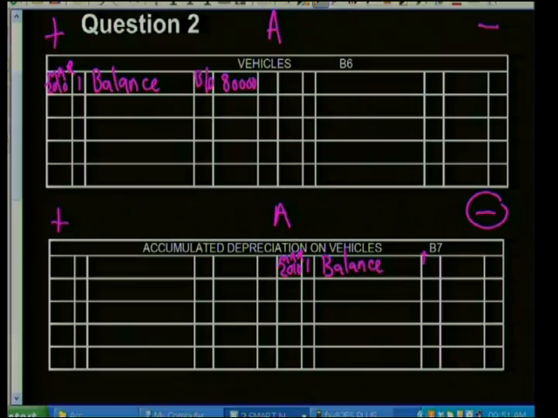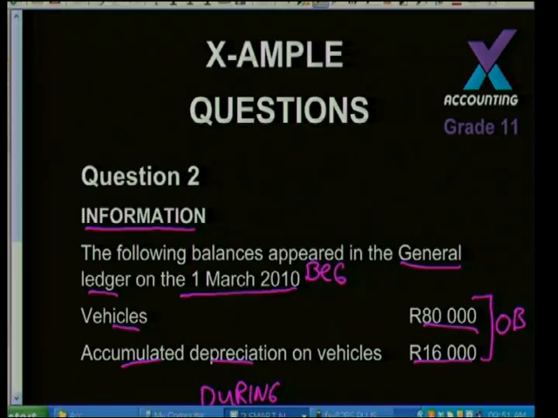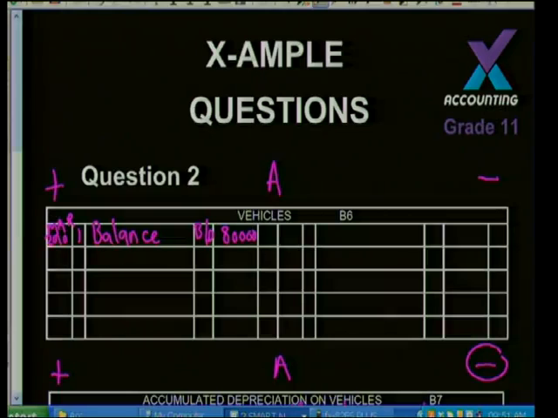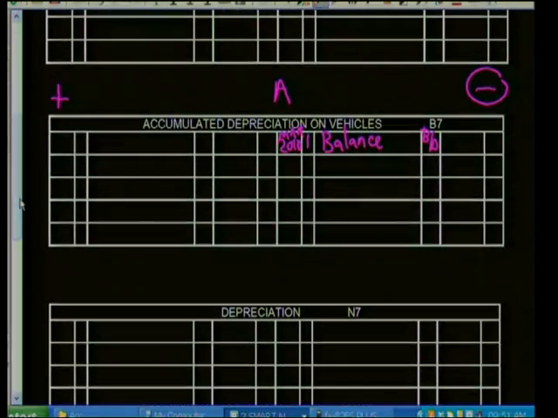So balance brought down. And my opening balance for accumulated depreciation is an amount of 16,000. So let's take that through. Opening balance, 16,000. Okay, right, done with the opening balances.